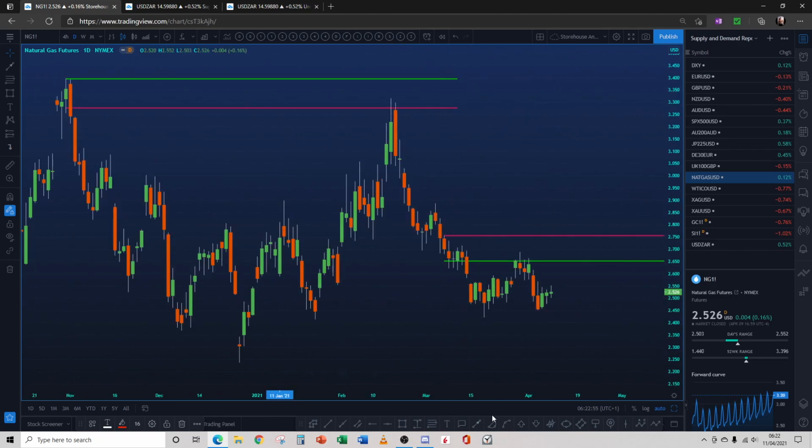Now, to do that assessment, you are going to be looking left at everything below the proximal line. Everything from this entry line, from this line that was closest to price, you will be looking to the left. So you will start from here and you are looking down and left.